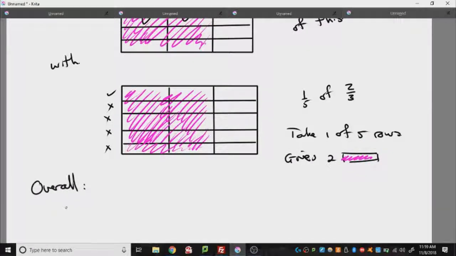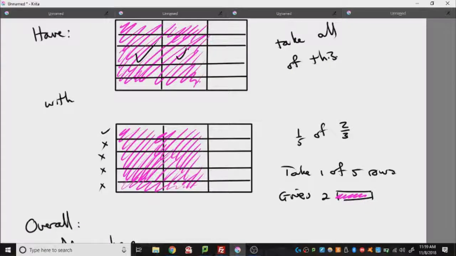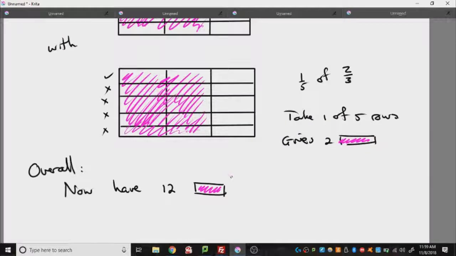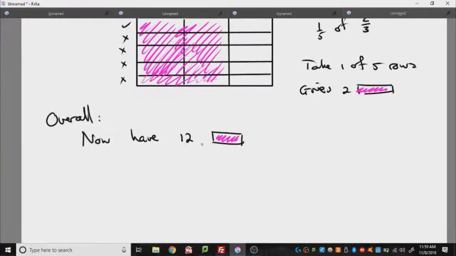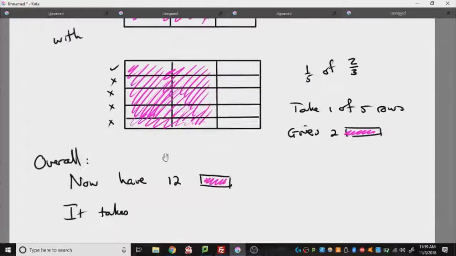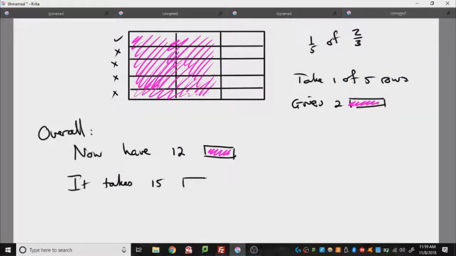So overall, we now have the top gives me 10, and the bottom gives me 2 for 12 pink little slices. Now it takes how many to make a whole rectangle? 15. 15 pieces to make a whole.